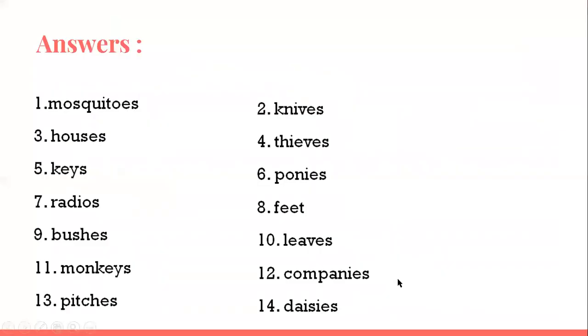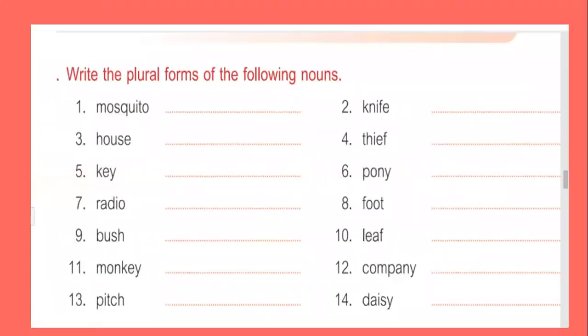So it should become mosquitoes. You have to add an es. Knife, it ends with an fe. What is the rule for fe? Remove the f or fe and add ves. House, what will house become? Houses. Thief, ending with an f, so you use that rule.